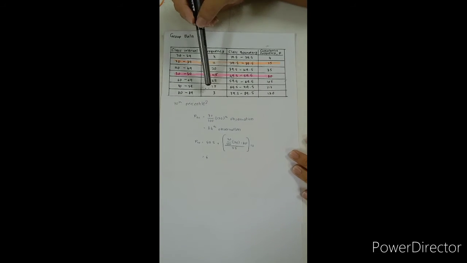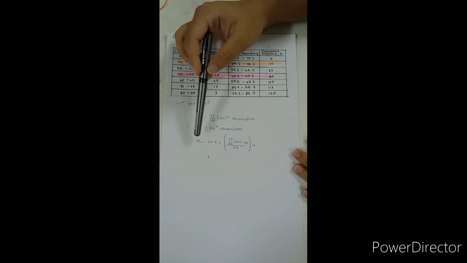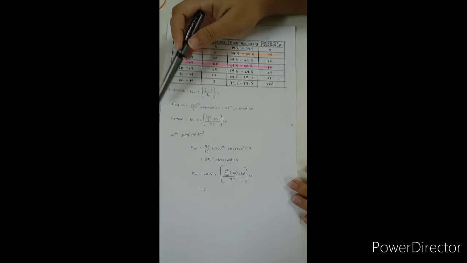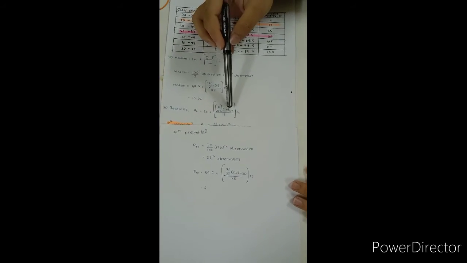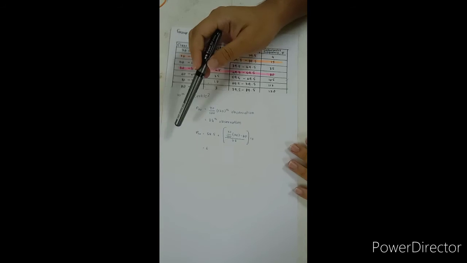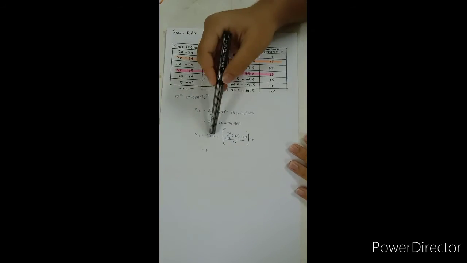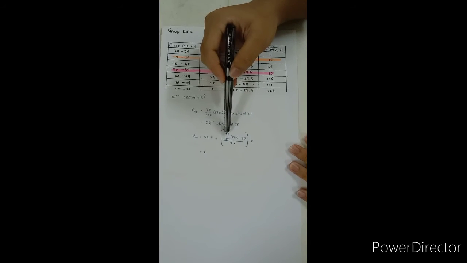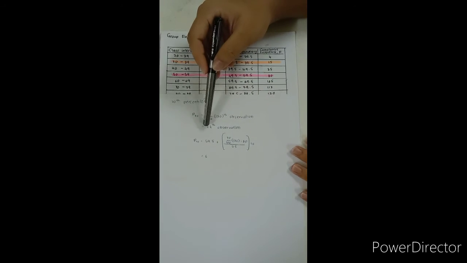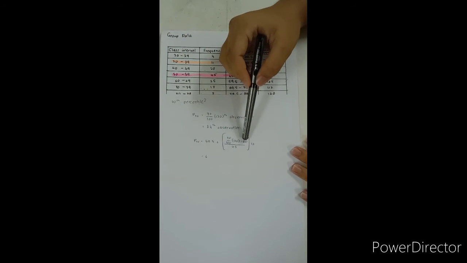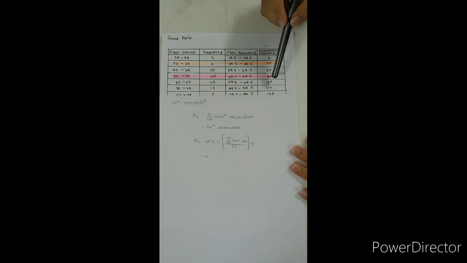After we know the class, we simply plug all the values into the formula. This is the formula, with the lower boundary. So we plug in the lower boundary here, 59.5, and 70 over 100 times 120, and this is the cumulative frequency of the class before, which is this.